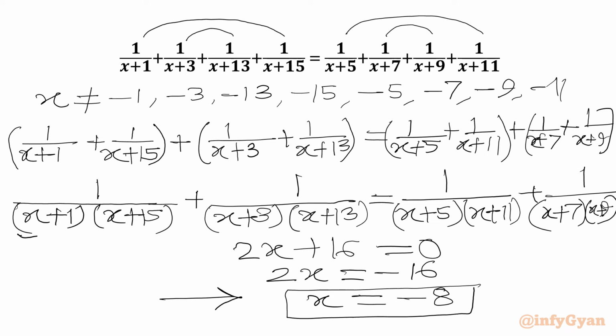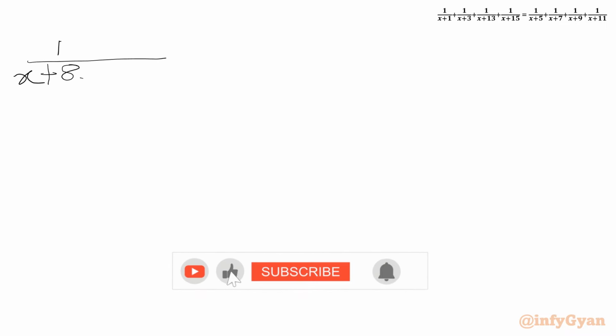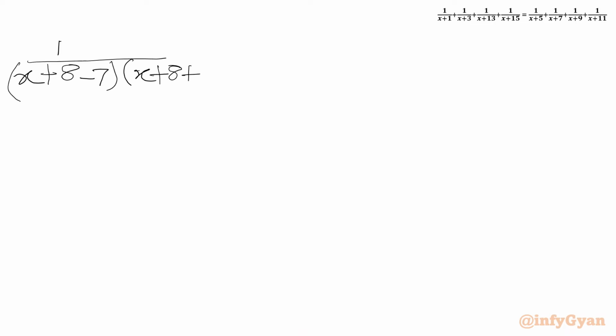Now we are going to write x plus 1 as x plus 8 minus 7, x plus 15 as x plus 8 plus 7. Let me write here: 1 over x plus 8 minus 7 times x plus 8 plus 7. Second term would be 1 over x plus 3 times x plus 13.